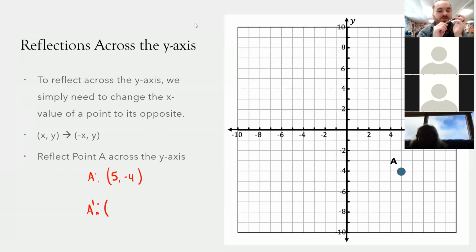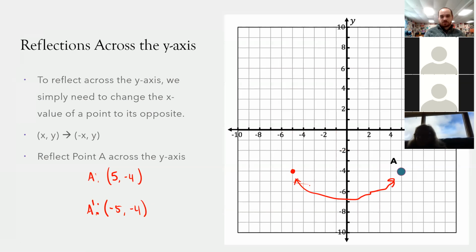It is less than -4.5. Somewhere around the ballpark. Because you got tricked up with the negative. But yeah, it's -5. So the opposite of +5 is -5. And then we keep our y value the same. So we have -4. So -5, -4, if we go and graph that, that would be right about here. And once again, this is reflected across the y-axis.